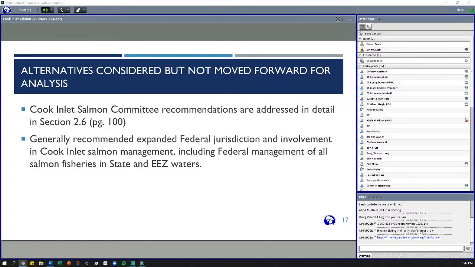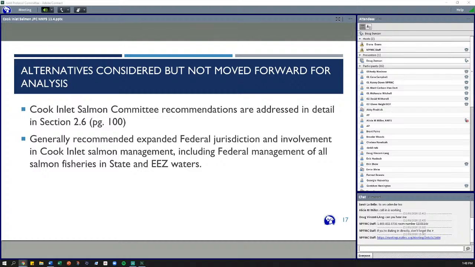The council is speaking to the committee recommendations very generally. They would like to see expanded federal jurisdiction and involvement in Cook Inlet salmon management, including the application of federal management to all salmon fisheries in both state and EEZ waters.